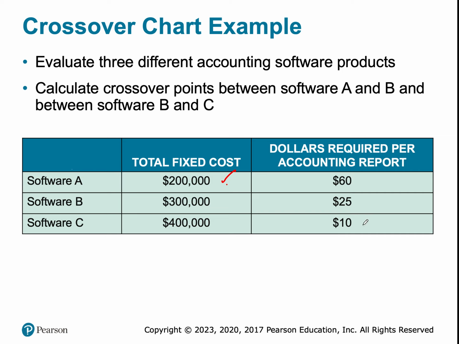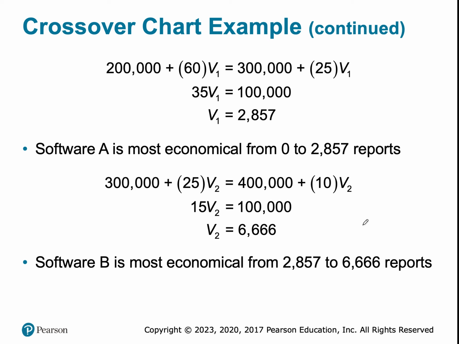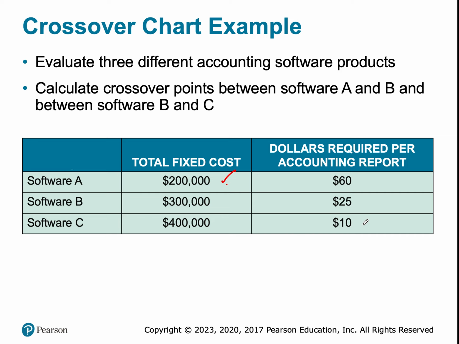Now let's calculate the crossover. Okay, so to do the first one, we're going to say this $200,000, which is our fixed cost. So fixed cost plus variable cost equals our total cost, right?